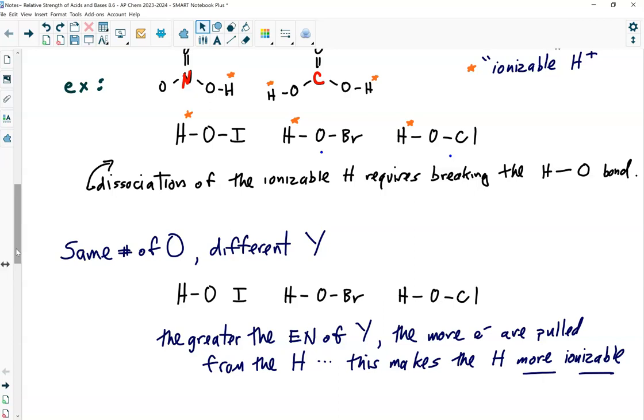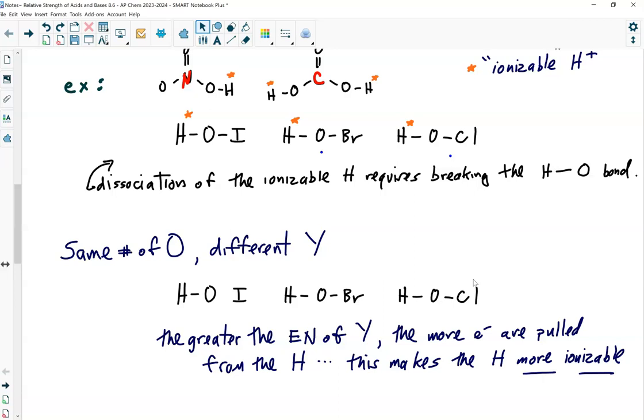Because not only is oxygen pulling electron density away from that hydrogen, chlorine has an electronegativity of 3.2. It's more electronegative, you know that because it's farther over to the right, yes? And it's farther up than Br, okay? And then HOBr would be the next strongest weak acid, but HOI would be the least.